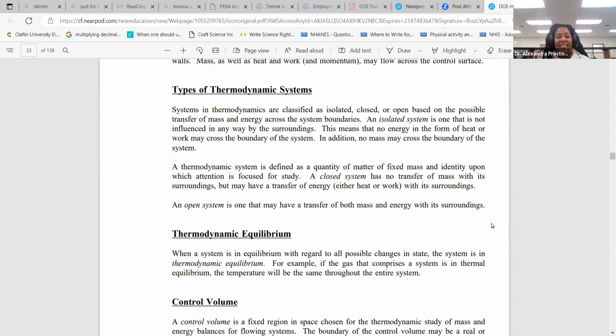The way I like to think about this is when you're heating or cooling your house and you have everything at the same temperature throughout your house, that would be like equilibrium, right?